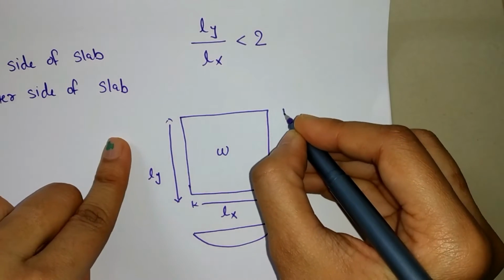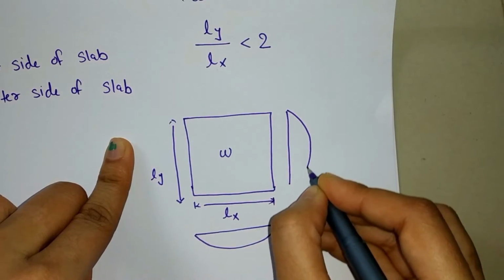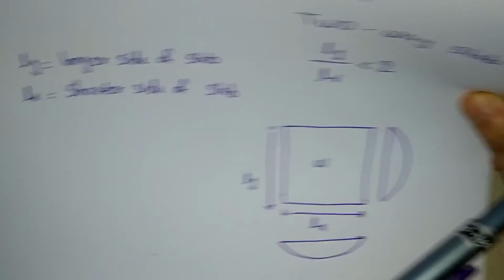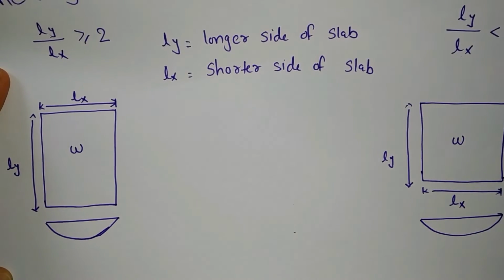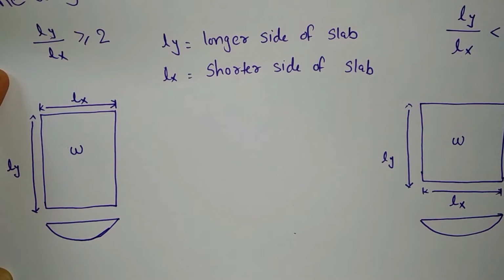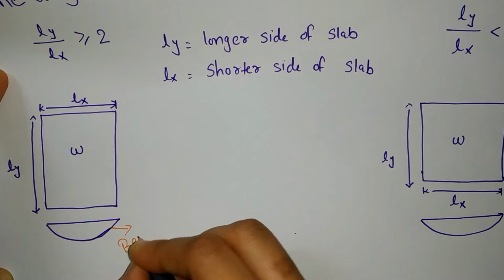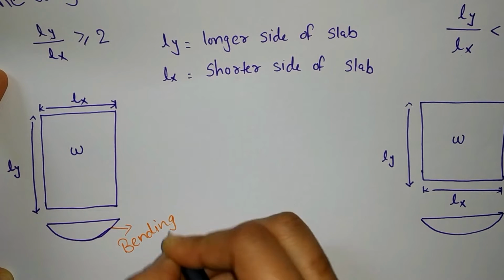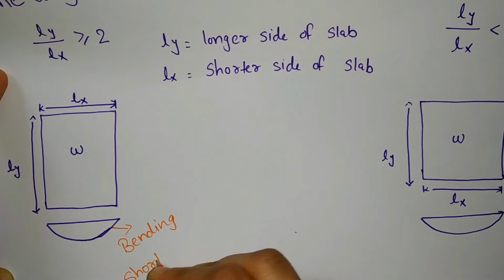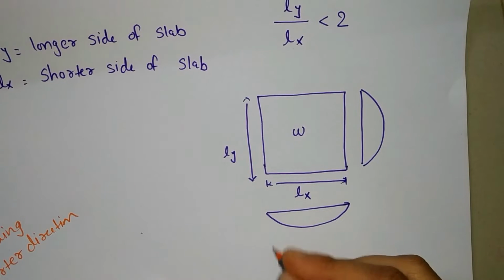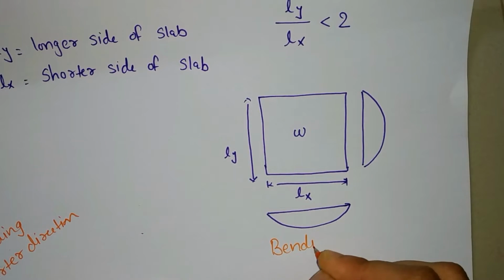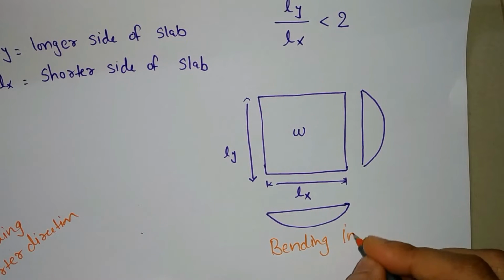Okay. As we see, the one-way slab will be bent only in one direction, or we can say bending in the shorter direction. Or here we can see bending in both directions.